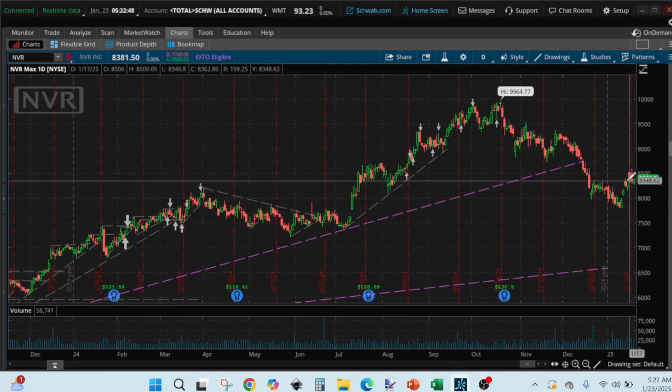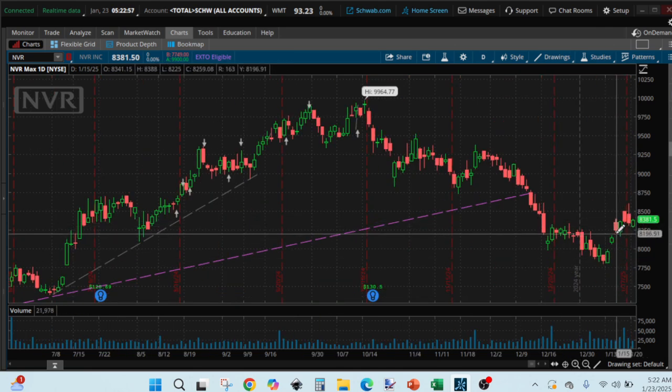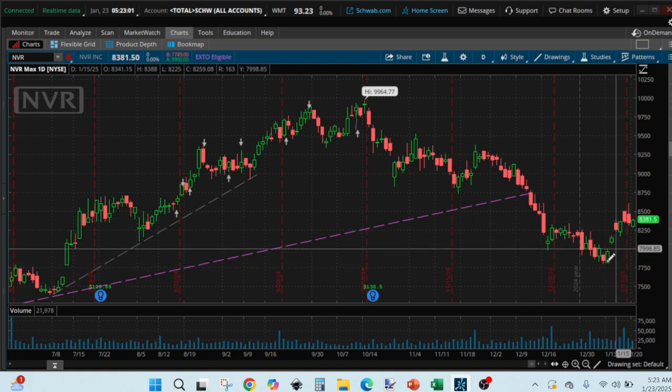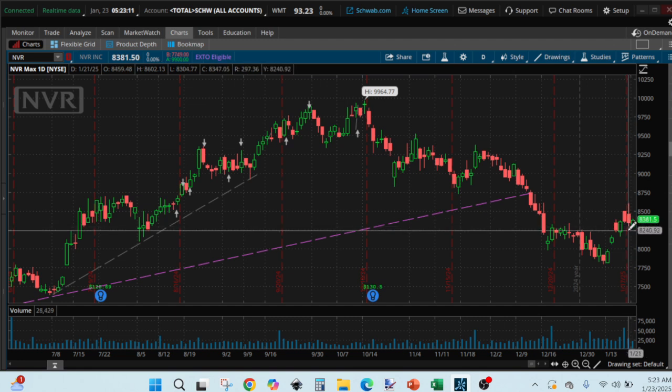this low is higher than this one, which is higher than this one. So we have an uptrend line here. This green bar will be an entry point, or the second one, which will be today, January 23, 2025, could be an entry point as well.